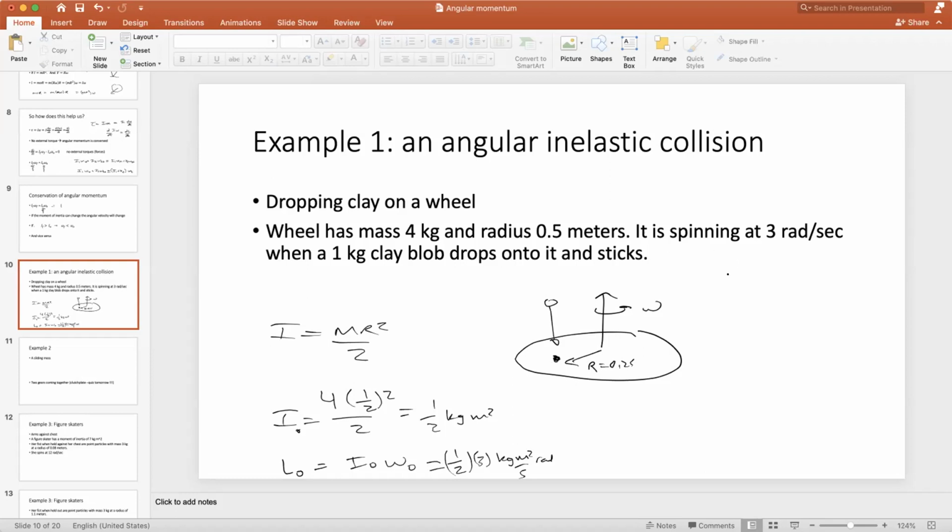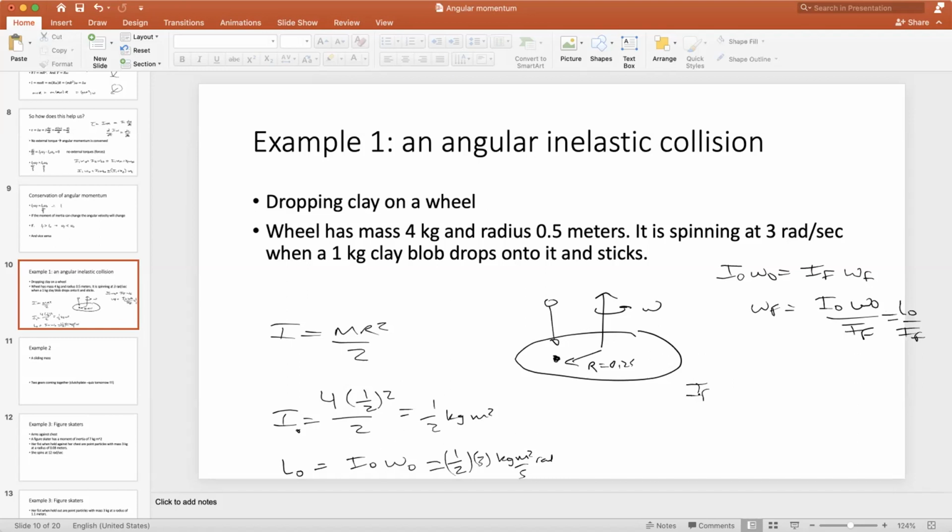We know that I initial, omega initial is I final, omega final. Or omega final, the speed of the wheel after this happens, is I initial, omega initial over I final, or the initial angular momentum.